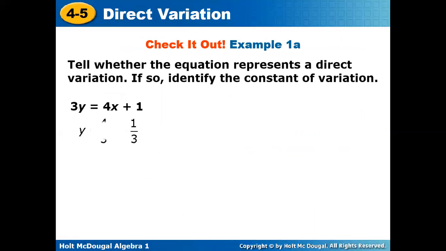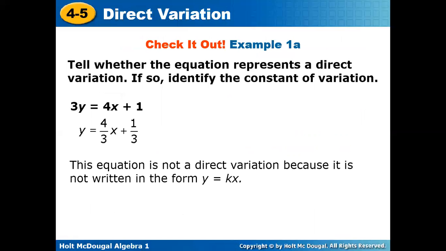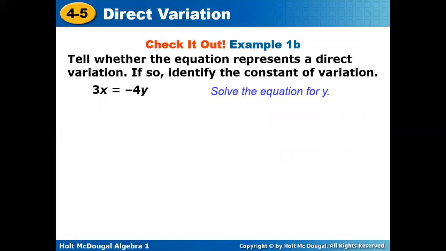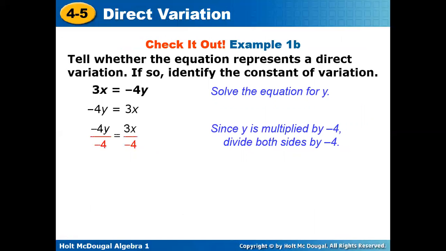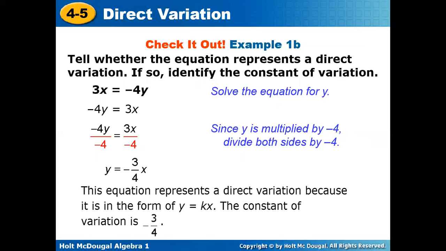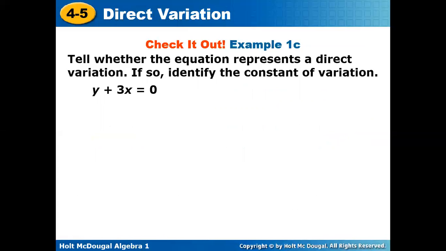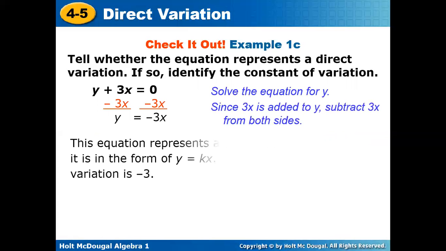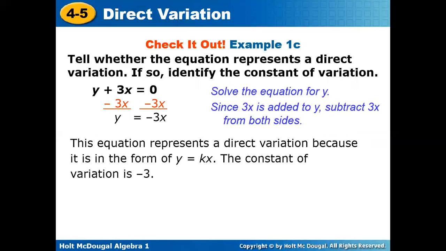Now check your answer. The first one is not. The second one is a direct variation and its constant is negative 3 over 4. The third one, the equation also represents a direct variation and the constant of variation is negative 3.